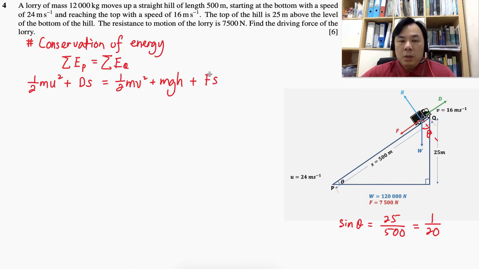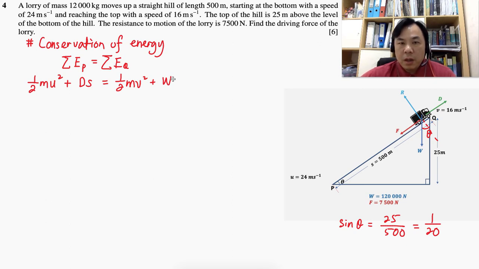Now you will notice that here I do not include the work done against gravity, which is actually okay. Maybe I would like to write it this way, then it will be easier to see. There's half mv squared, and at the same time there will be a work done against gravity, so that is basically W sine theta, because it is along the slope here.